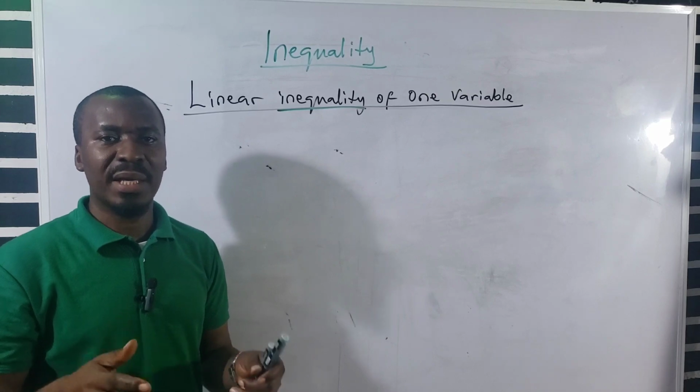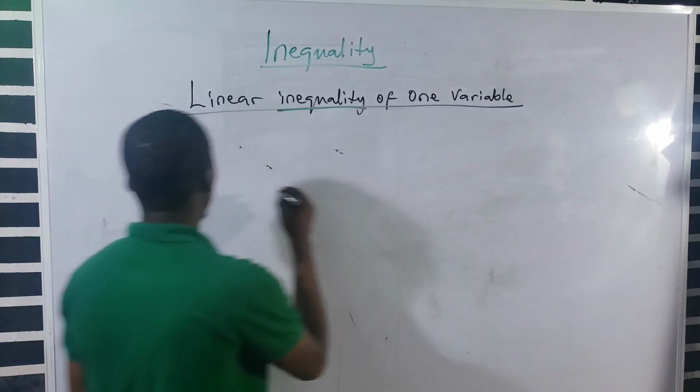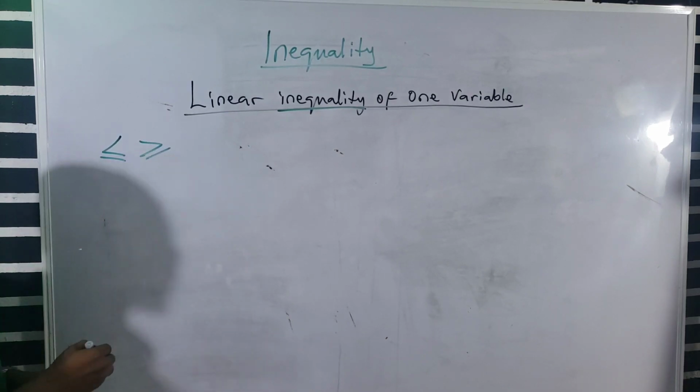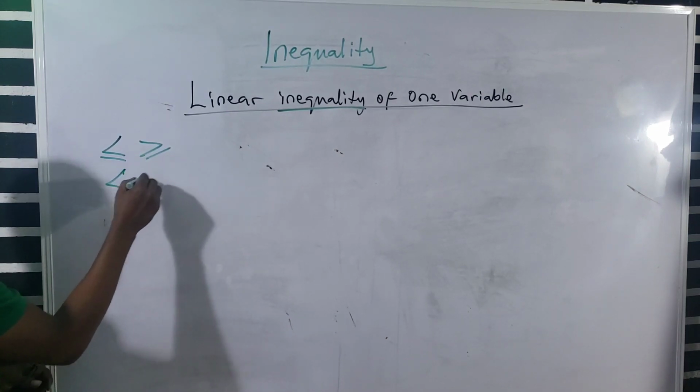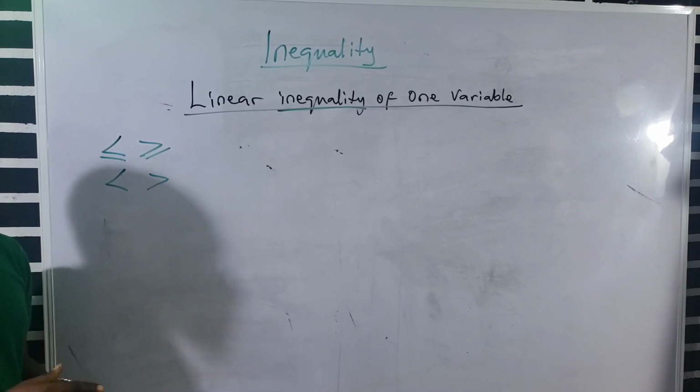When we say an inequality, we are talking about the signs: less than or equal to, greater than or equal to, less than, greater than. These are the four signs that we use in inequality.